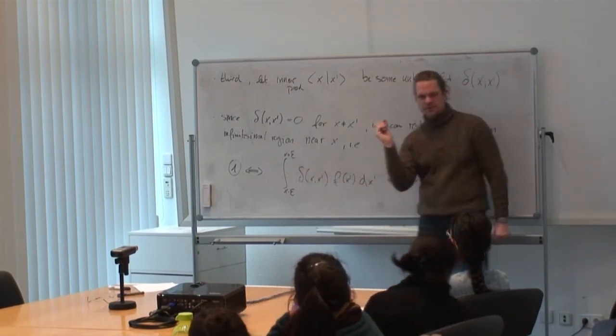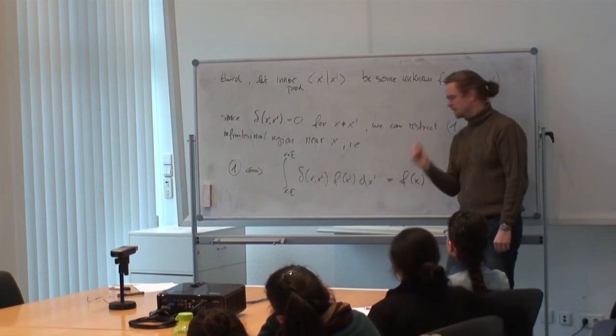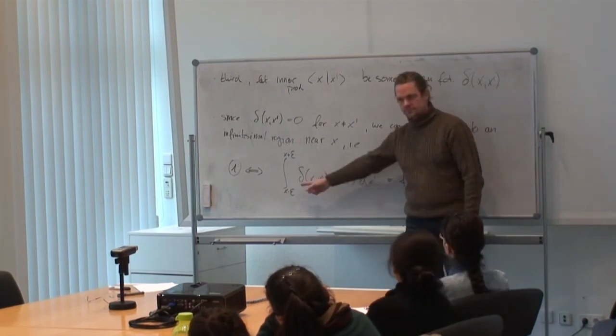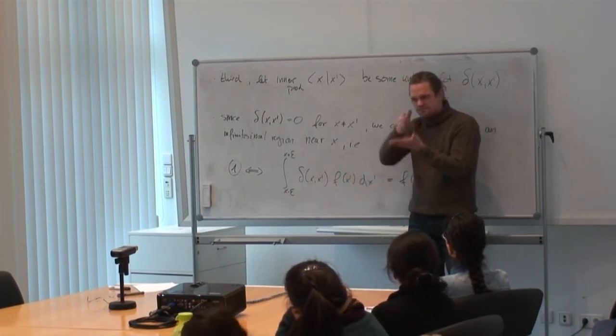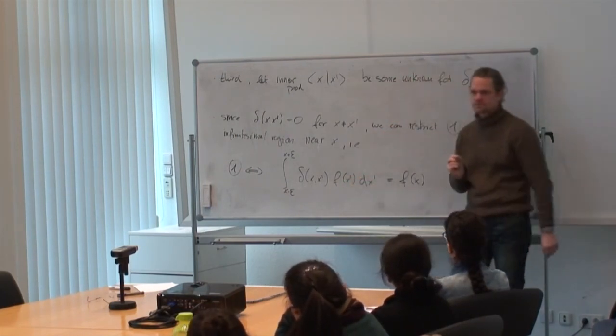This is a very, very tiny interval around x. And we have f of x prime, which says f at all these values in this really tiny interval.